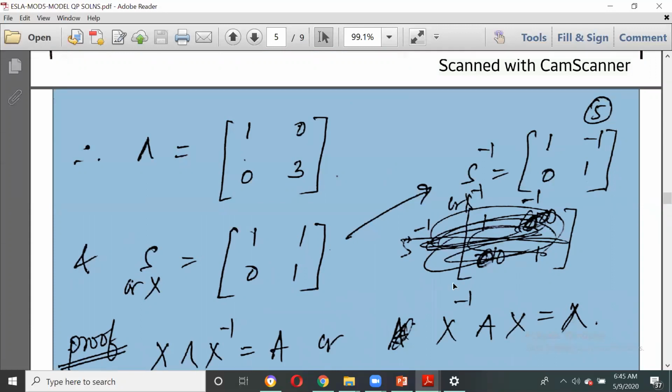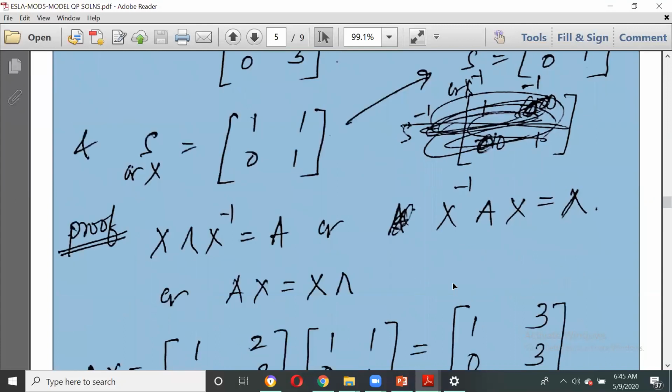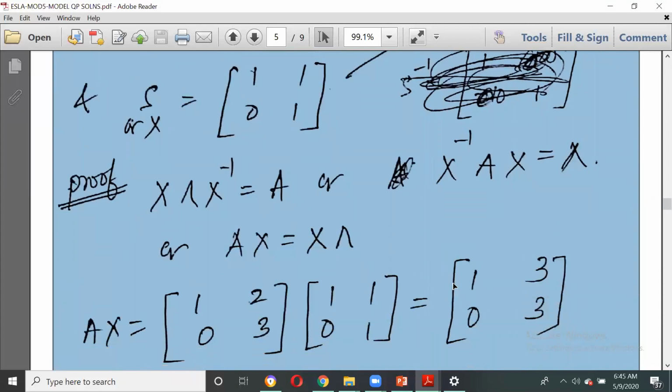So having found S and S inverse, we need to verify that X lambda X inverse, or S lambda S inverse, is equal to A, or X inverse AX is equal to lambda, or AX is equal to X lambda. So AS is [1 2; 0 3] times [1 0; 1 1], and that will give [1 3; 0 3].